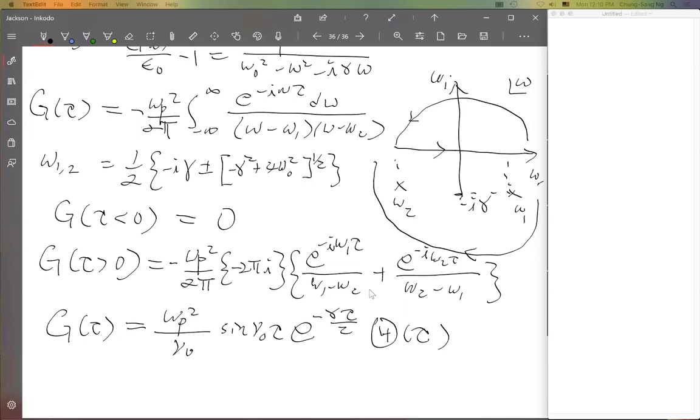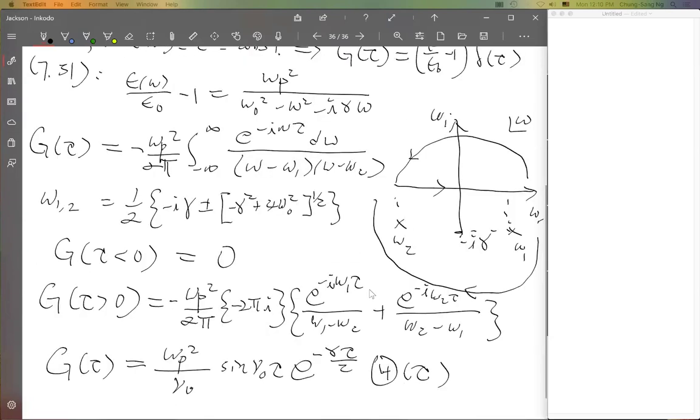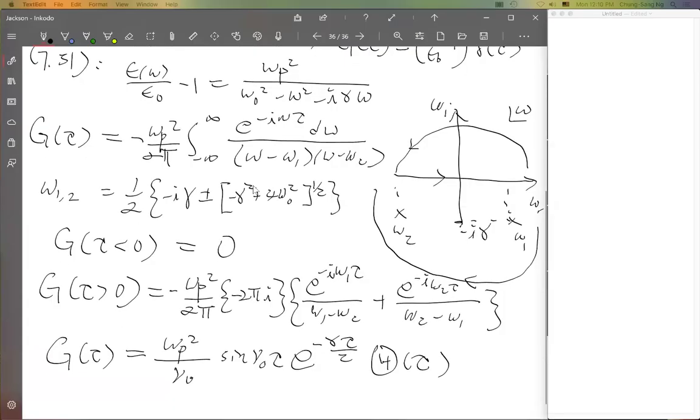All right, I know I'm going very fast, but any questions based on that? Does anyone want me to go through it a little bit more? If you haven't taken complex variables, this may be a little difficult.